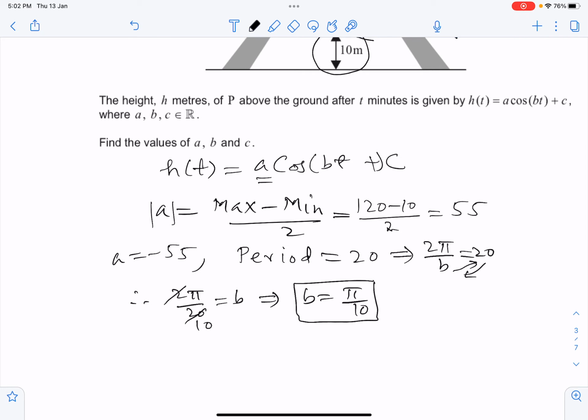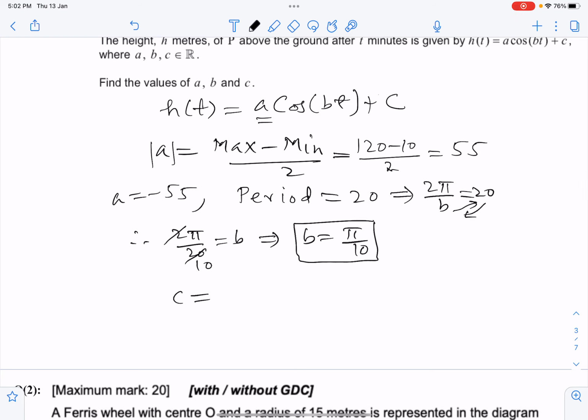Okay. Now to decide the value of c, how we are going to decide the value of c? The value of c is decided by maximum plus minimum divided by 2. The amplitude is decided by maximum minus minimum divided by 2. But here it is plus. So 120 plus 10 divided by 2. 130 divided by 2.